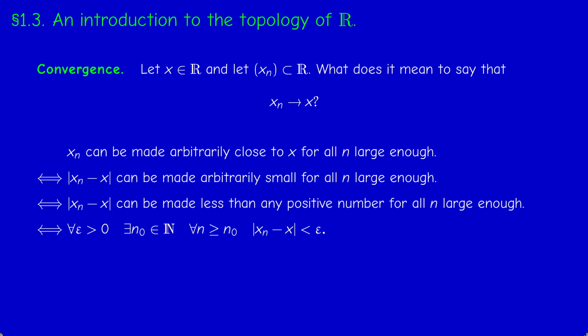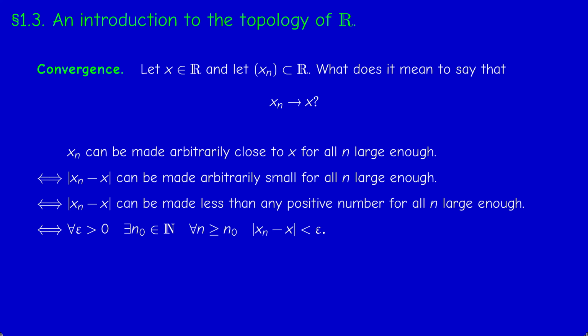And this is how we come to the definition that you probably learned last semester or in school. For every positive epsilon, there exists a certain rank n0, starting from which the difference is less than epsilon.